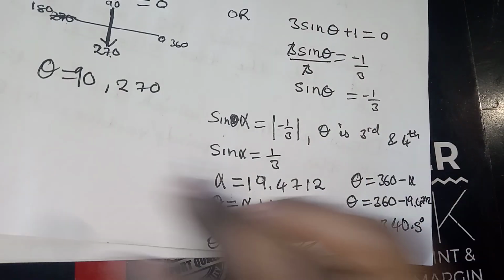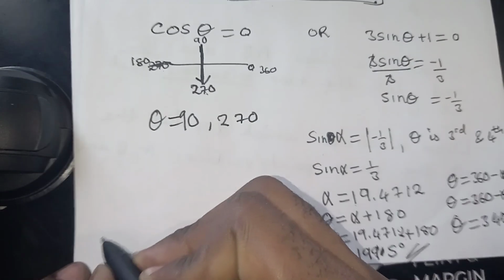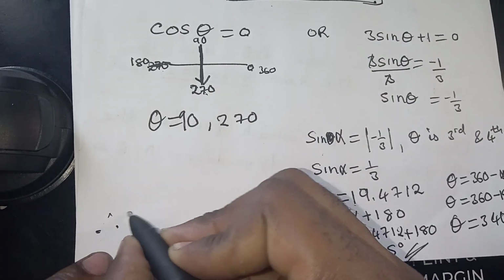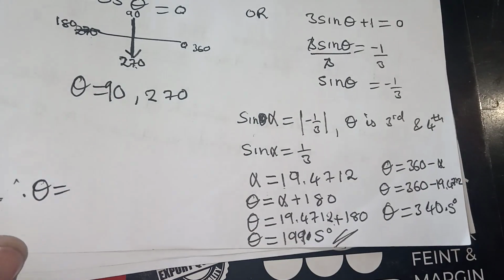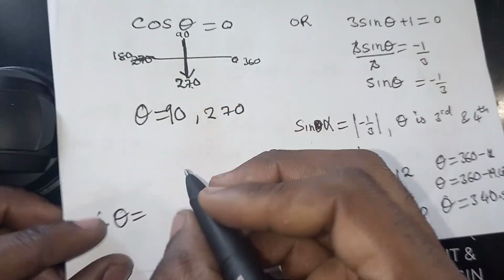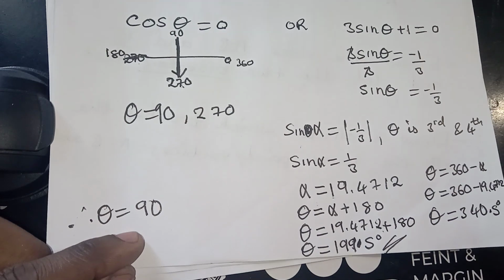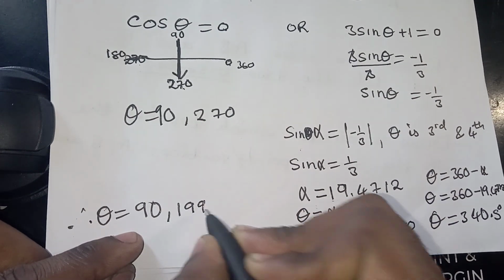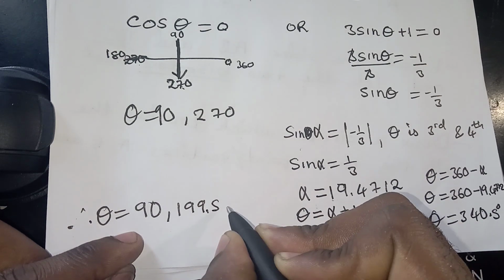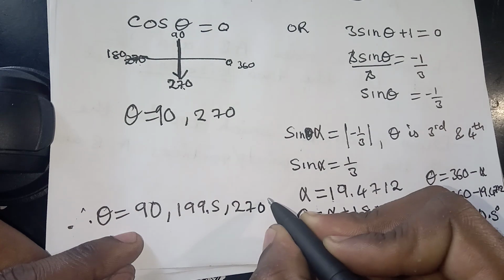And then it's always important to make a conclusion. So you can say, therefore, theta is equal to, you list down all these angles in their increasing order. So you can start with 90, which is our smallest angle, then move on to 199.5, and then 270 degrees.